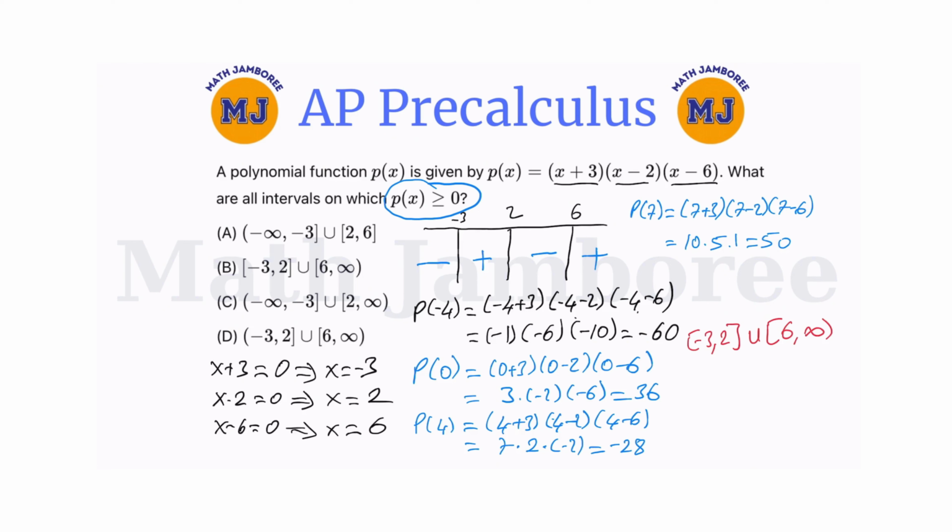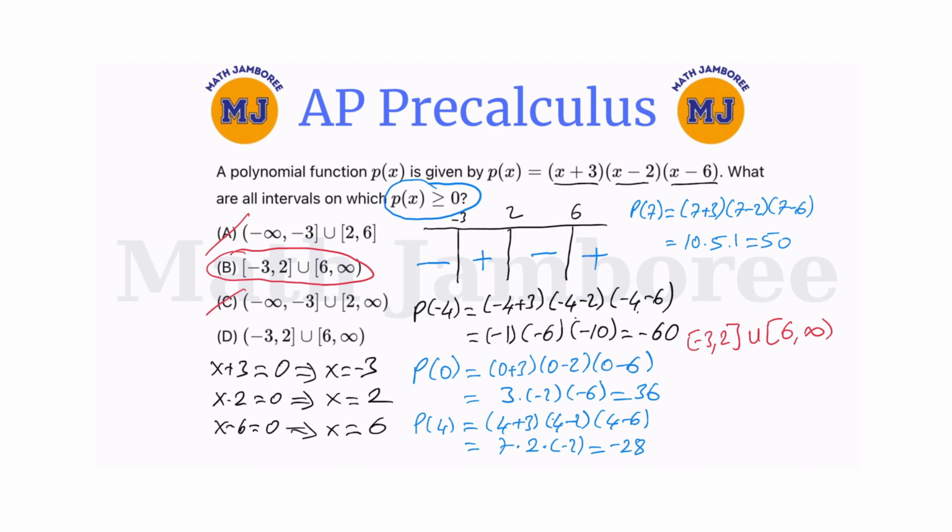If you look at the given choices here, we have negative 3 and 2. A is not the answer because it says p of x is positive on an interval where it is not. Negative 3 to 2, and 6 to positive infinity: the correct choice is choice B. Choice C is not the answer again.